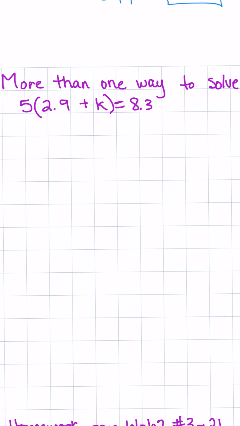So now looking at the new way, because we have the 5 already pulled out, let's go ahead and divide by 5 instead of distributing it.